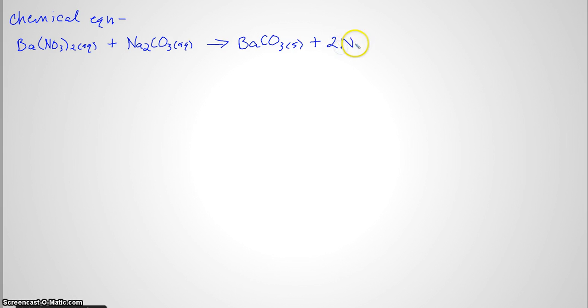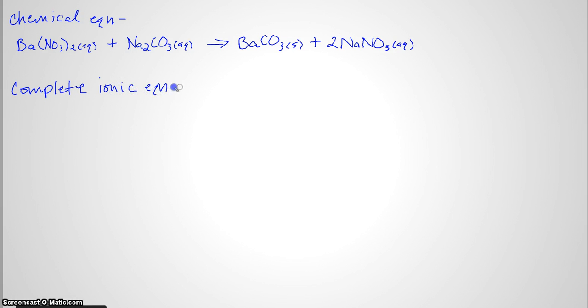And sodium nitrate, and that was aqueous. So in just a plain old chemical equation, okay, we don't show ions, we just show exactly what the compounds look like, we balance it, it's just your plain old chemical equation. And then the complete ionic equation, that's where we break apart the aqueous things into ions.